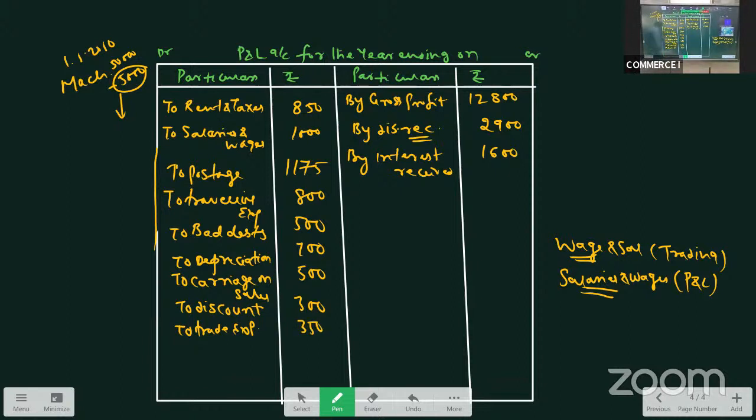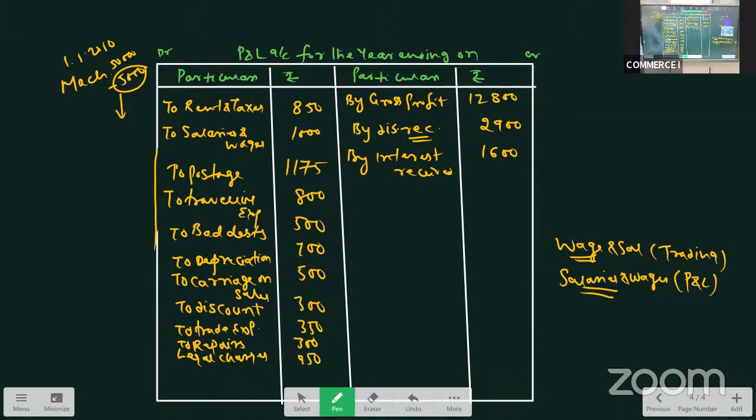We have repairs. Repairs on the debit side, it is 300. Then legal charges. Legal charges are 950.